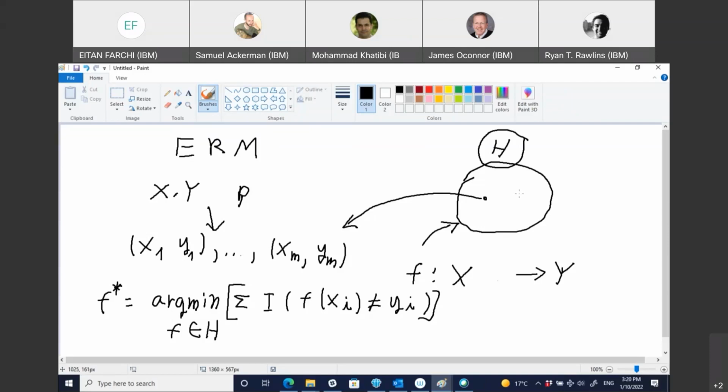So anything that you're using for learning will have that. I'm not interested in how you search over H, but I'm saying you pick one of them. If it's the best one on the points that you've seen, is it going to be a good one? That's the question I'm trying to ask. Okay, makes sense up to now?